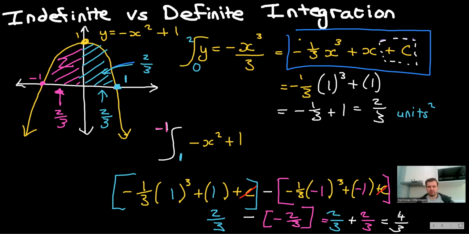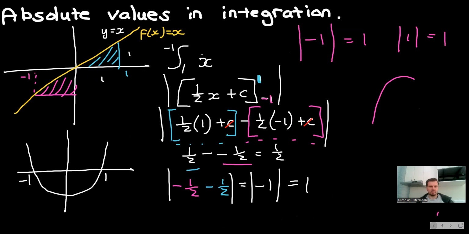We got 4/3. But let's say that we had done the same thing and gone from minus 1. We would have ended up with a negative. But if we had simply used an absolute value, when we get negative 4/3, it just becomes 4/3.